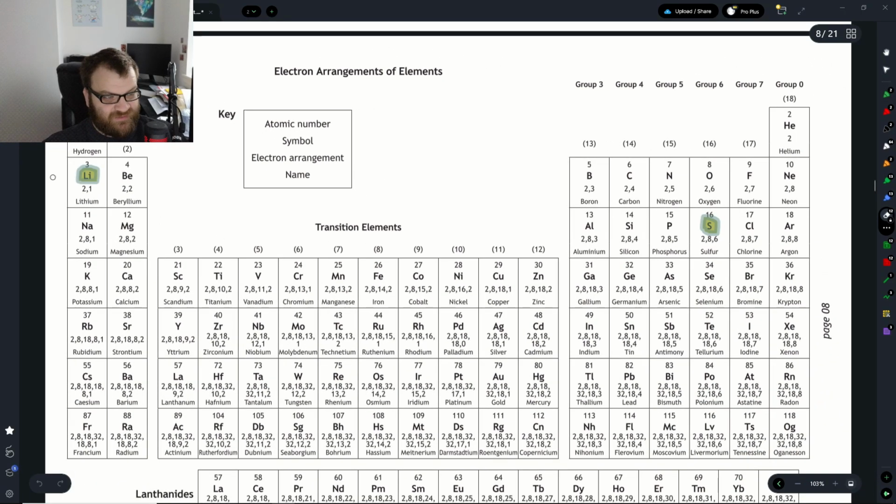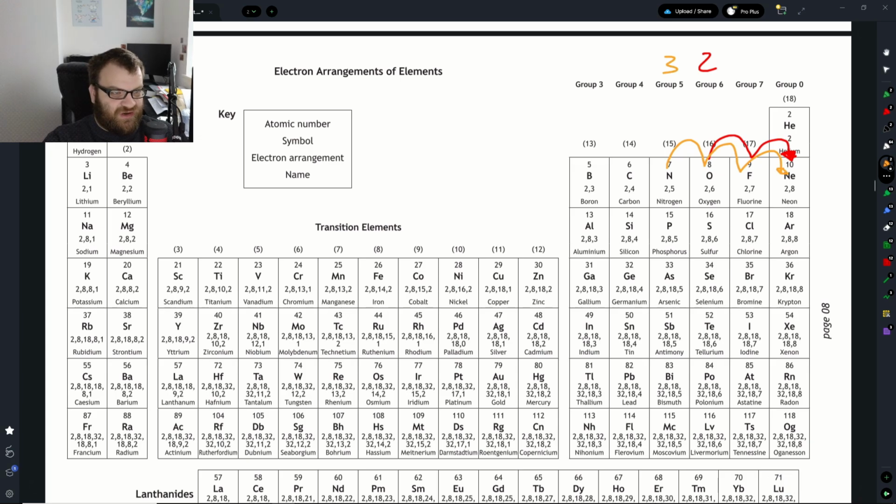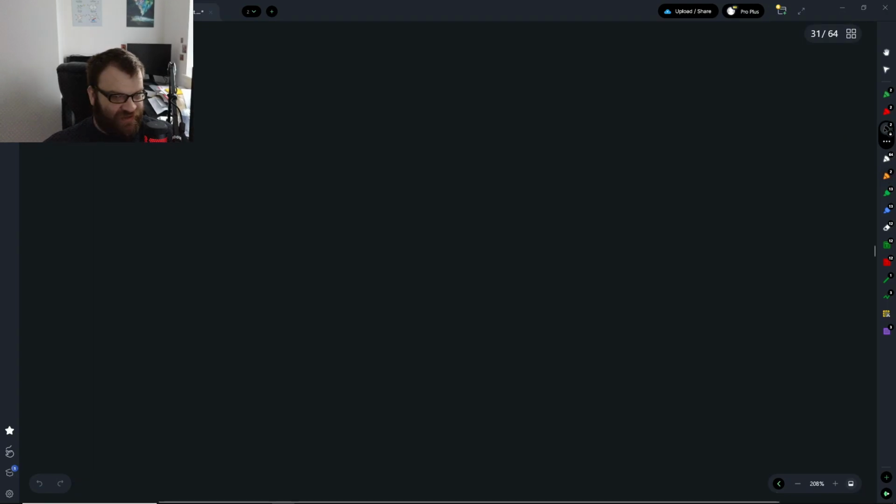How I know that is, here we've got our oxygen, gain 2 electrons to have a filled outer shell, have a valency of 2. Then got our nitrogen, which is one more step away, so it's going to be 3, valency of 3. Our hydrogen is in group 1, and things in group 1 make 1 bond. So as long as we do the correct number of bonds, we should be fine.